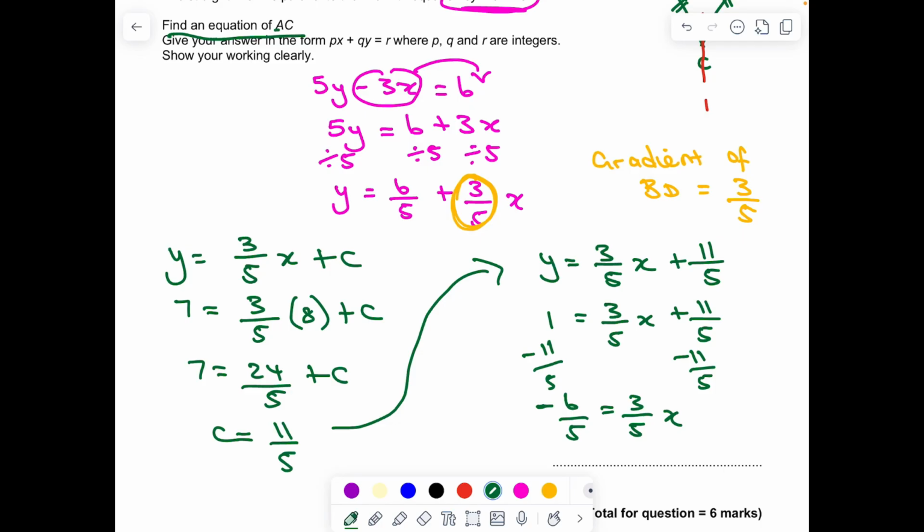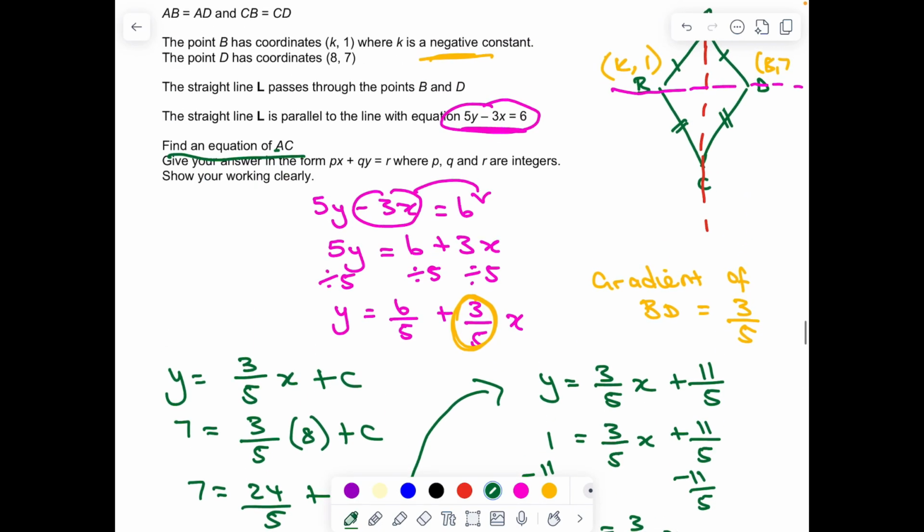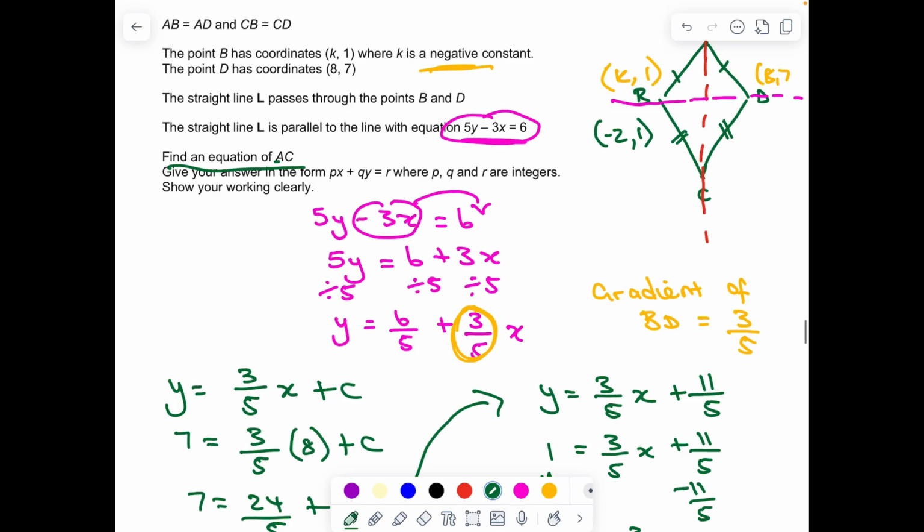I'm going to divide by 3/5 to give me that x equals minus 2. So now I know that my coordinate for B is actually minus 2, 1. So I know that. It's going to help me find the coordinate for the midpoint.